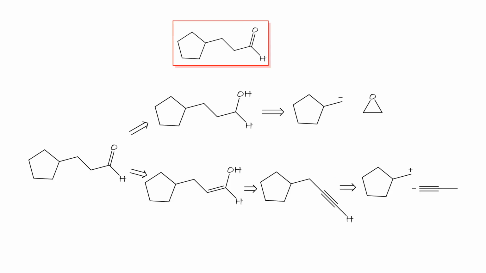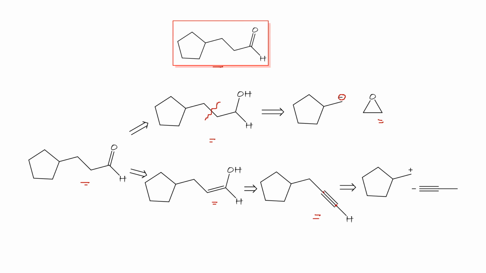How can we get this compound? Again, we can get this aldehyde from the primary alcohol, and since we are restricted to 6 carbons, we can get the primary alcohol from this Grignard reagent with ethylene oxide, or we can get this from the enol structure, and the enol can be obtained from the terminal alkyne by adding the hydrogen here and the OH here.